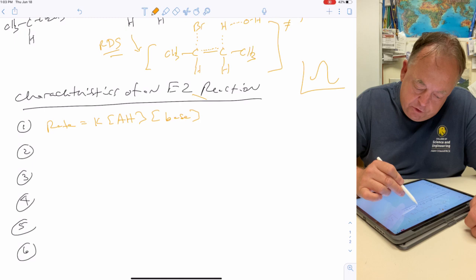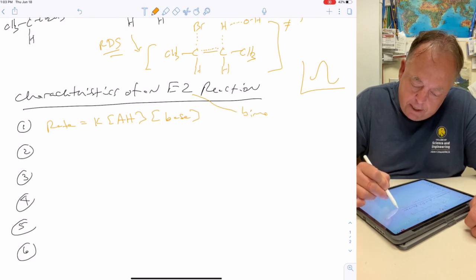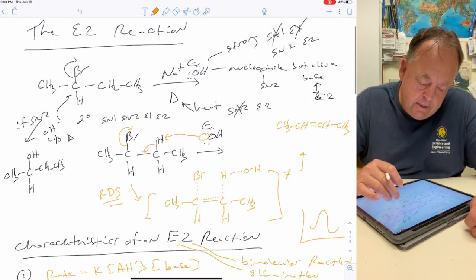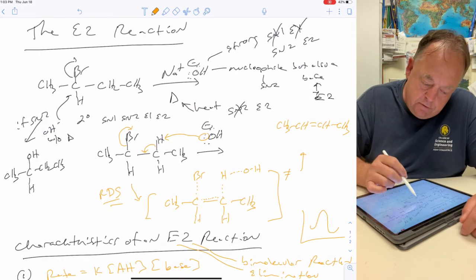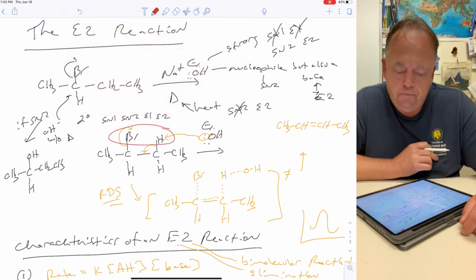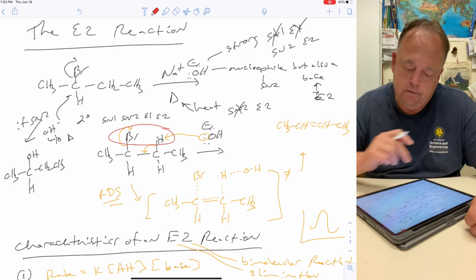And what does the E2 stand for? It stands for a bimolecular reaction. And E again stands for elimination. So what are you eliminating? In this reaction, ultimately what you ended up doing is eliminating HBr and made a double bond instead.